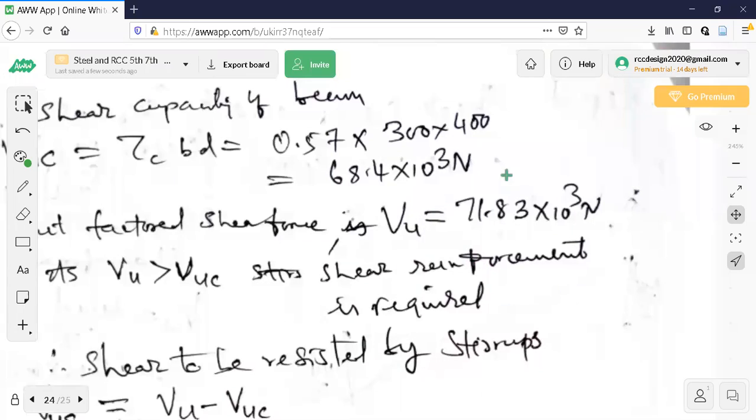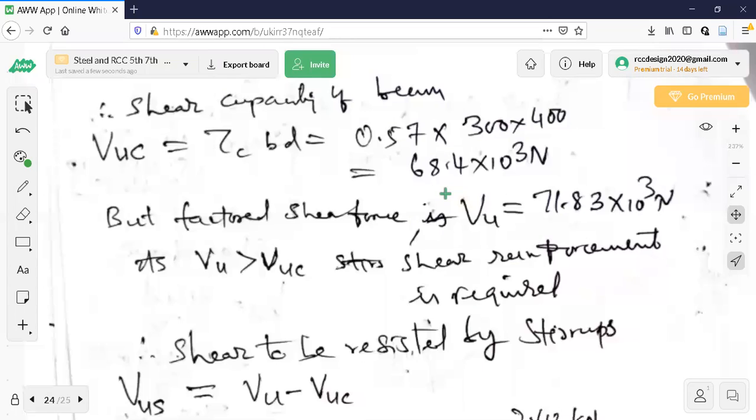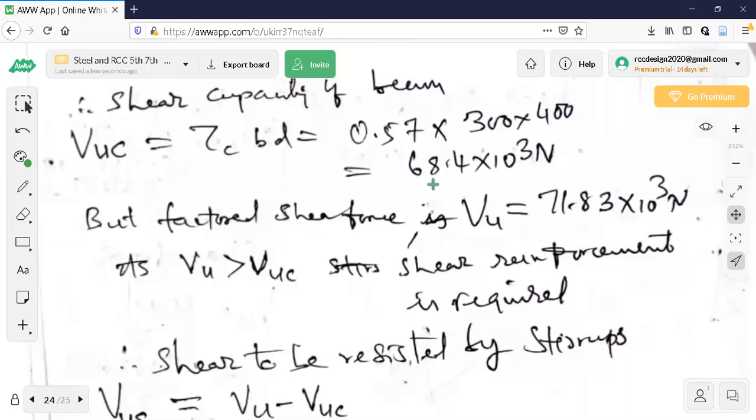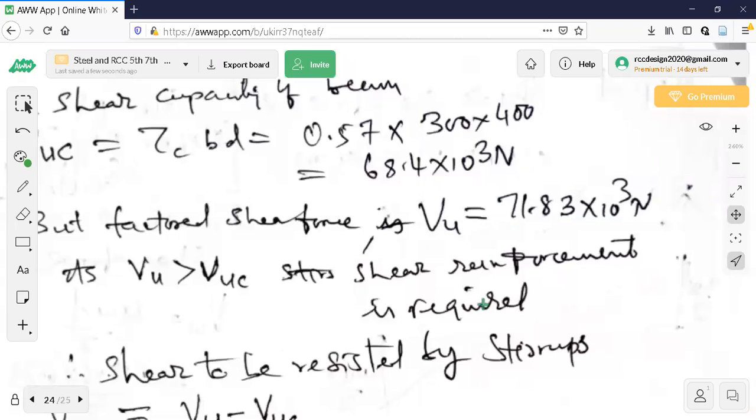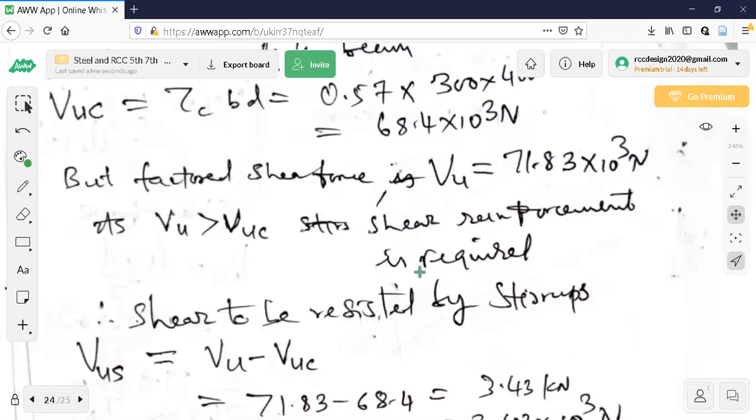Means if you do not provide stirrups, it is not going to resist because the shear capacity of the beam is 68.4, whereas it is actually subjected to 71.8. So the capacity is less. It means I have to go for stirrups, shear reinforcement.